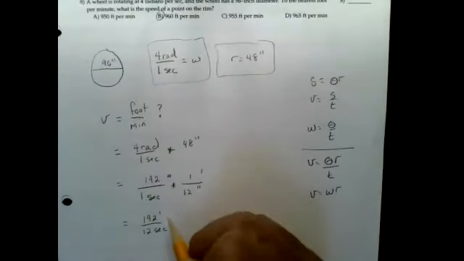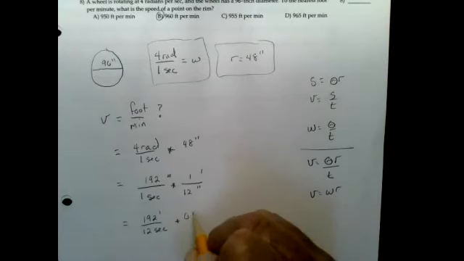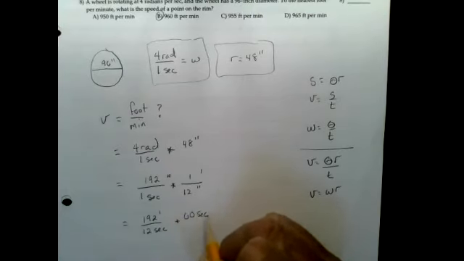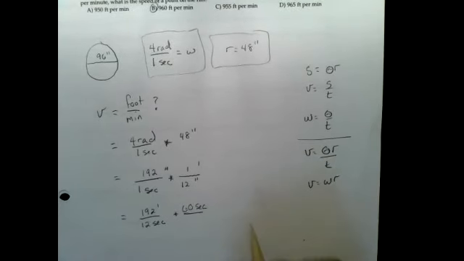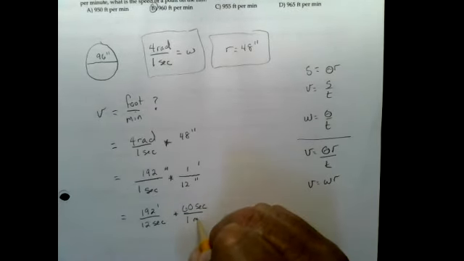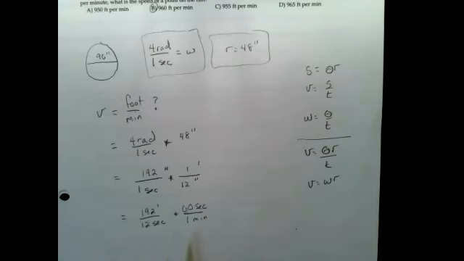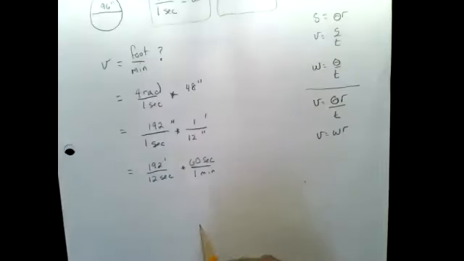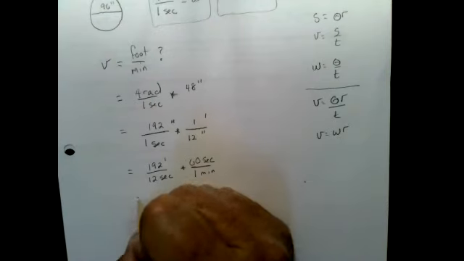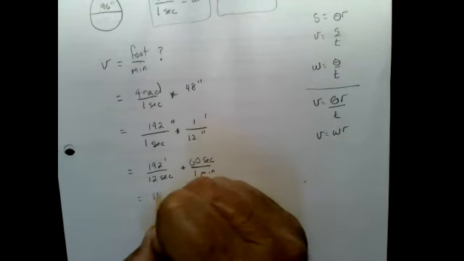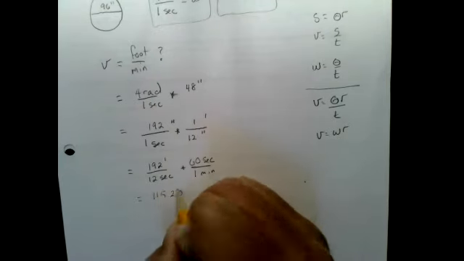I need minutes. So just like I did with 60 seconds, I'm going to do another conversion, 60 seconds is the same as 1 minute. So now my second labels cancel, and I'm going to have 192 times 60. I love this problem. 192 times 60 is 11520.